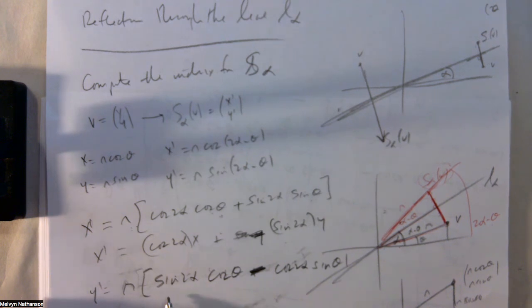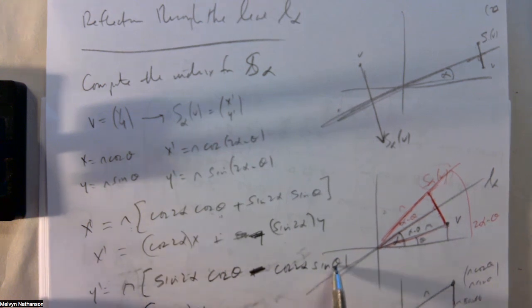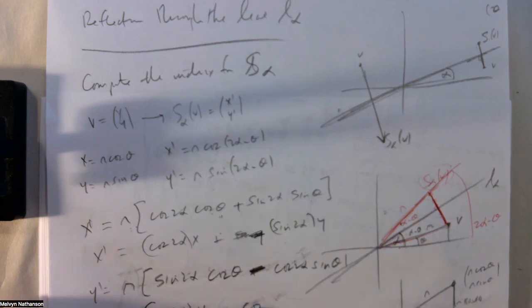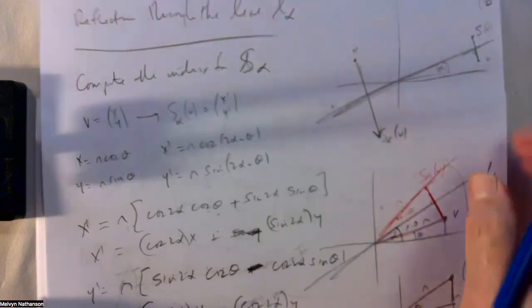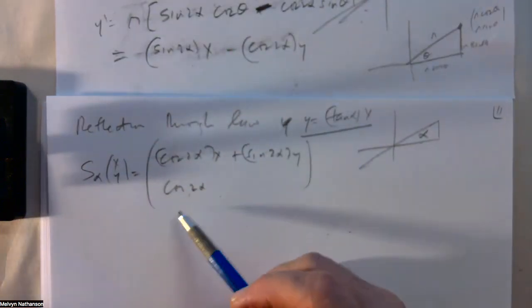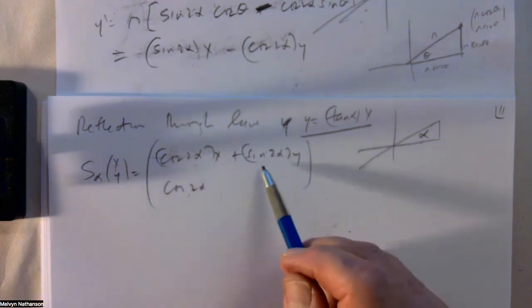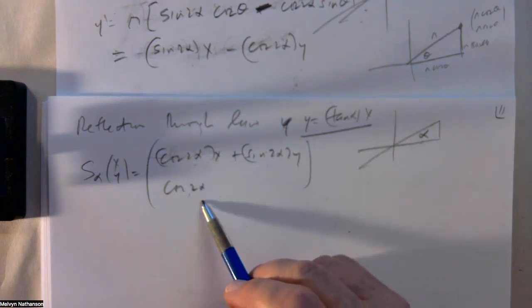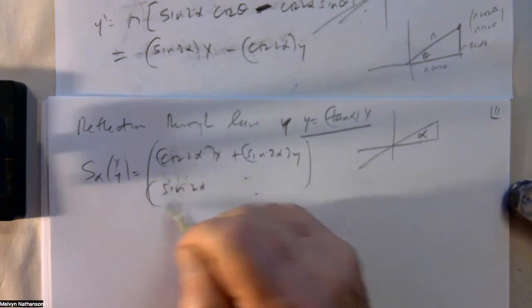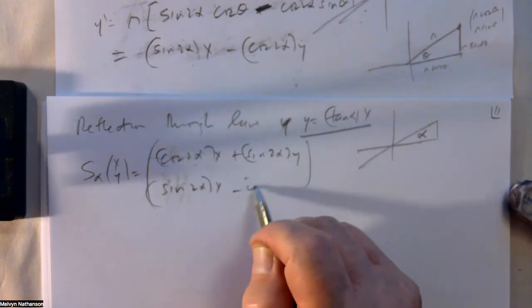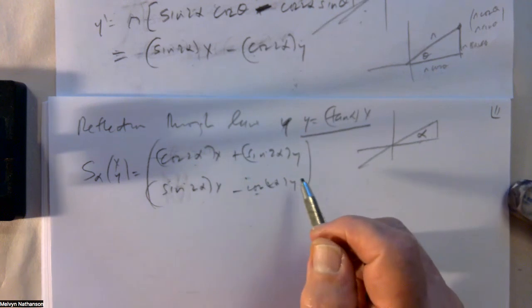So here I have r cosine theta, that's sine 2 alpha x, and here I have r sine theta, so that's minus cosine of 2 alpha y. So x prime, I have cosine 2 alpha x plus sine 2 alpha y. Y prime is sine of 2 alpha x minus the cosine of 2 alpha y.